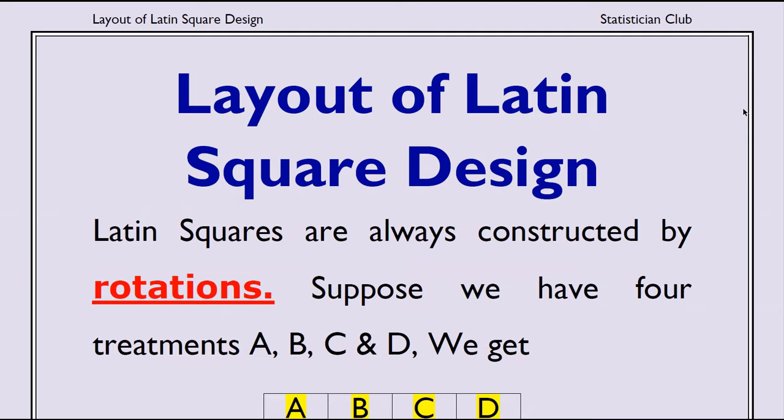Now let's start. A Latin square is always constructed by rotations.